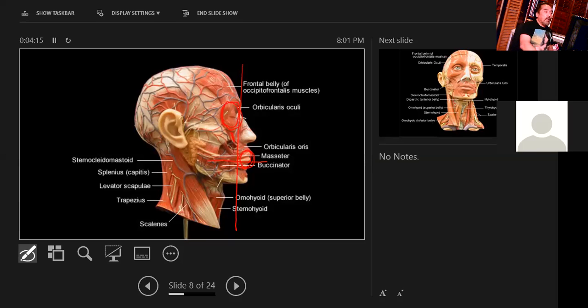That was the landmark. If you know that it comes out of the orbicularis oculi, that is going to be innervated by the ocular nerve.